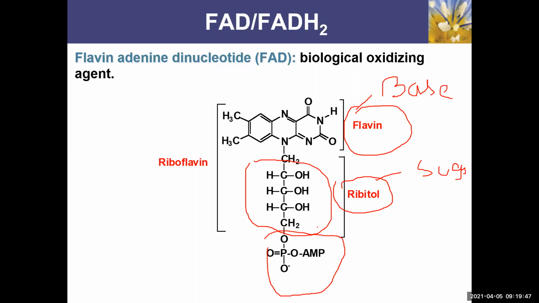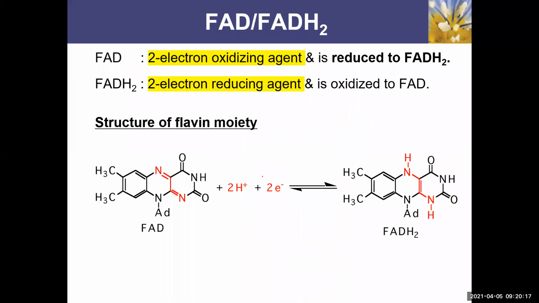We spoke about ribitols, alditols, glucitols, sorbitols previously in the carbohydrates chapter. Other than that, I told you that it contains a base called flavin.